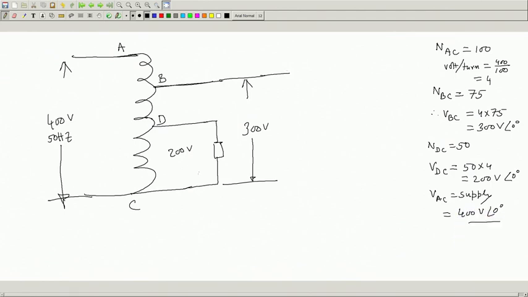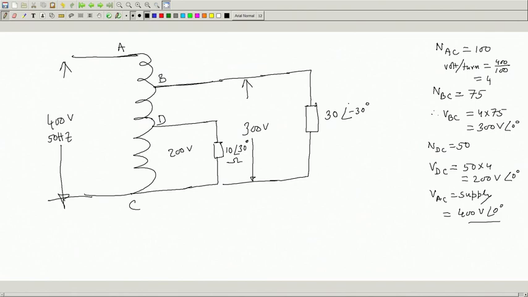Suppose the 200 volt I terminate on a load whose impedance is, say, 10 30 degree ohm, like the previous one, and between these 2 points I supply another load, an impedance of 30 minus 30 degree.